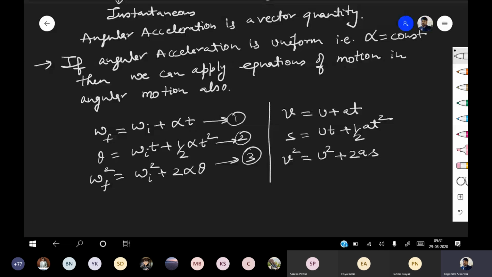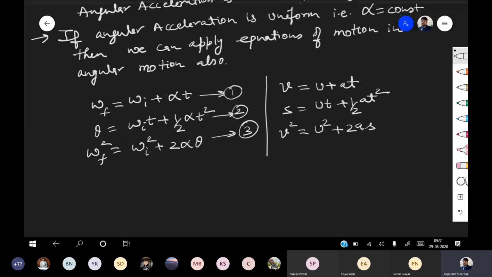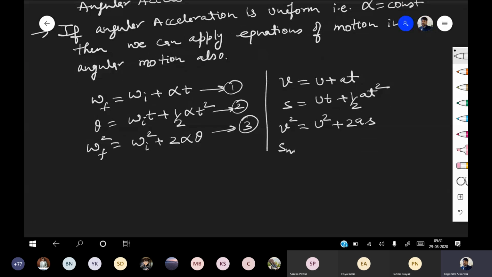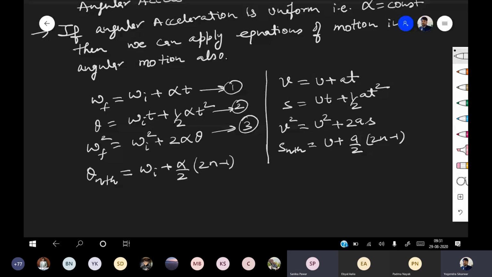If you want, we can write the equation for displacement in the nth second also. So what was s nth? It was u plus a by 2 into 2n minus 1, right? So similarly, theta nth is equal to omega initial plus alpha by 2 into 2n minus 1.